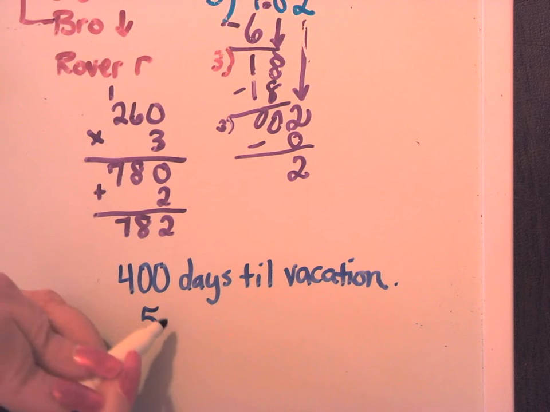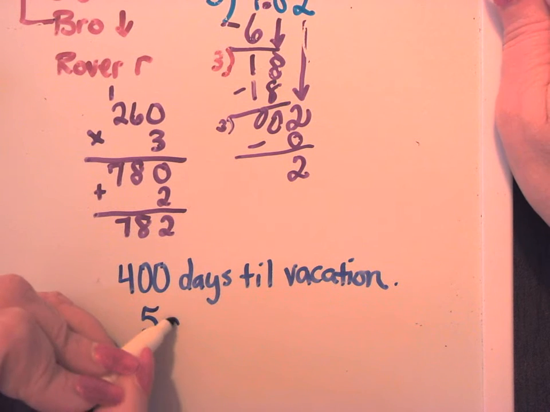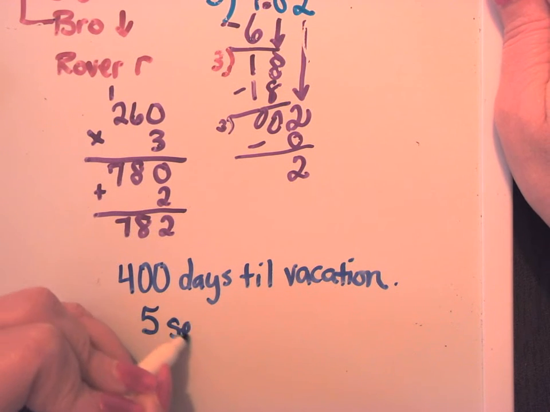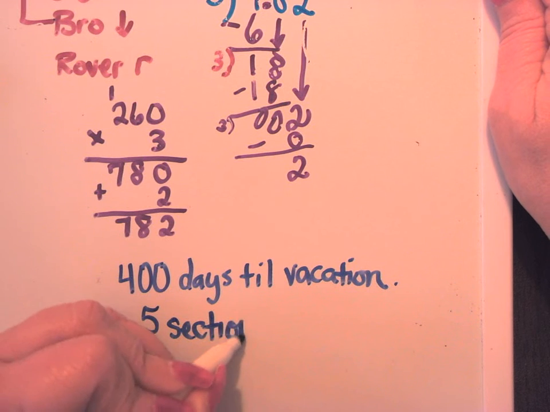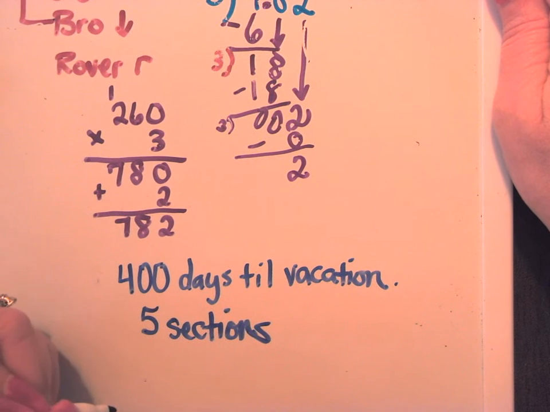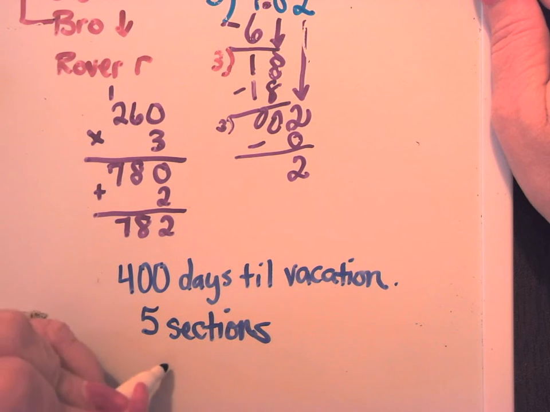Maybe you want to put it in 5 week sections or 5 day sections. 5 sections. Let's just do 5 sections. Well, that's going to give you 80 days.